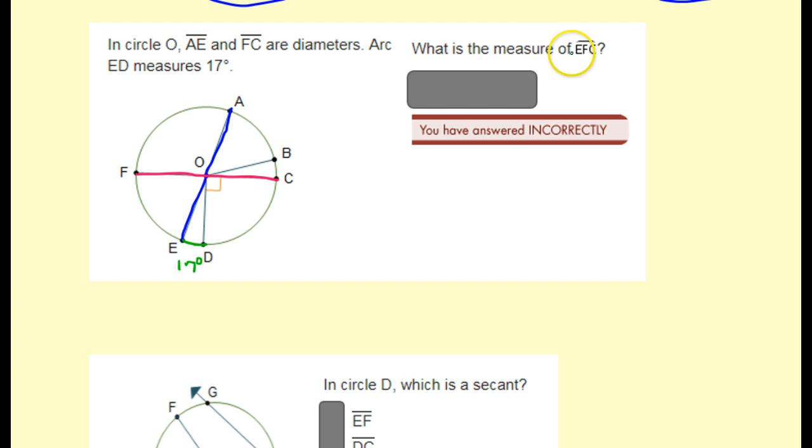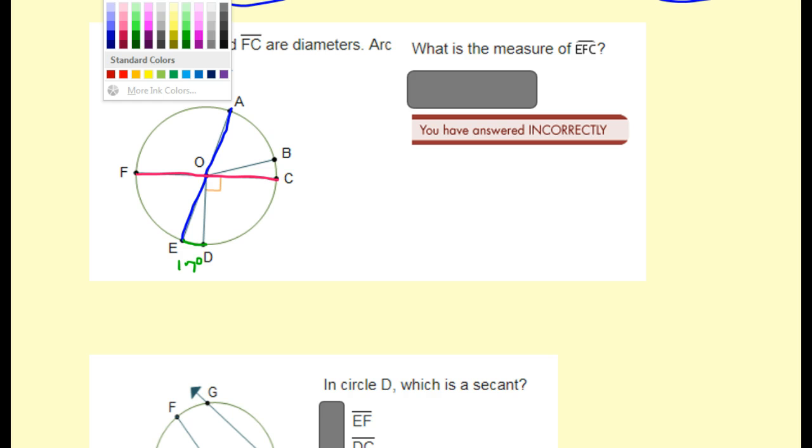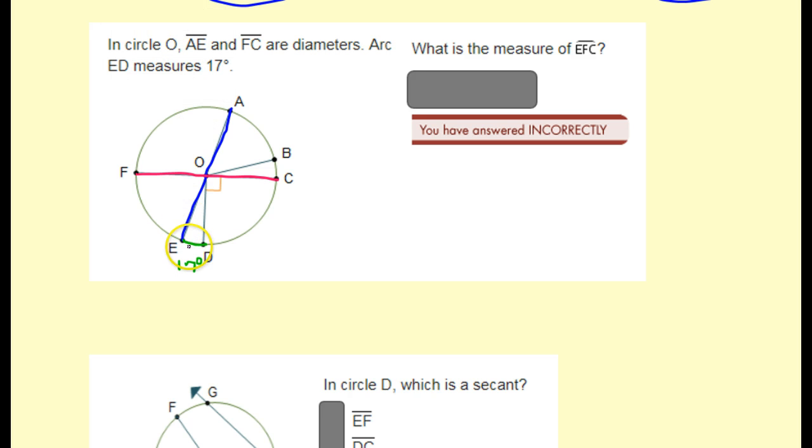What is the measure of arc EFC? So arc EFC goes from E through F and all the way back around to C. This is the arc measure that we are trying to find. So let's put together a few things like a puzzle.